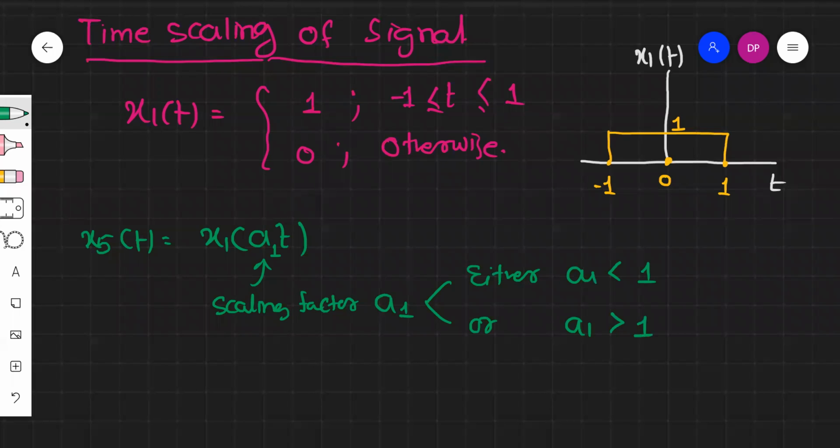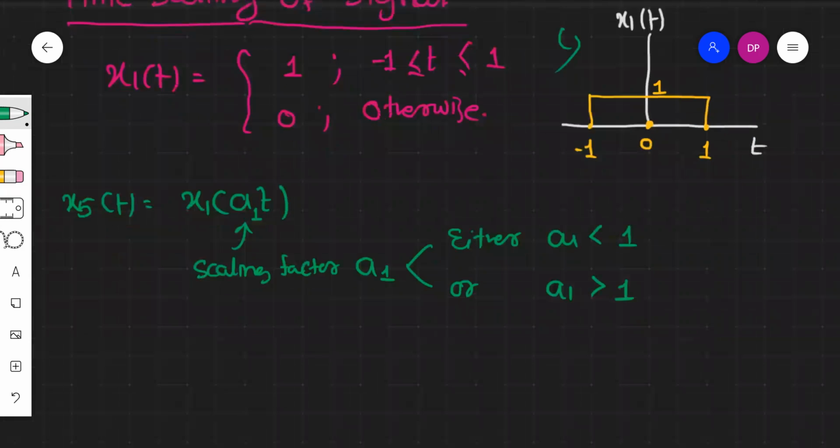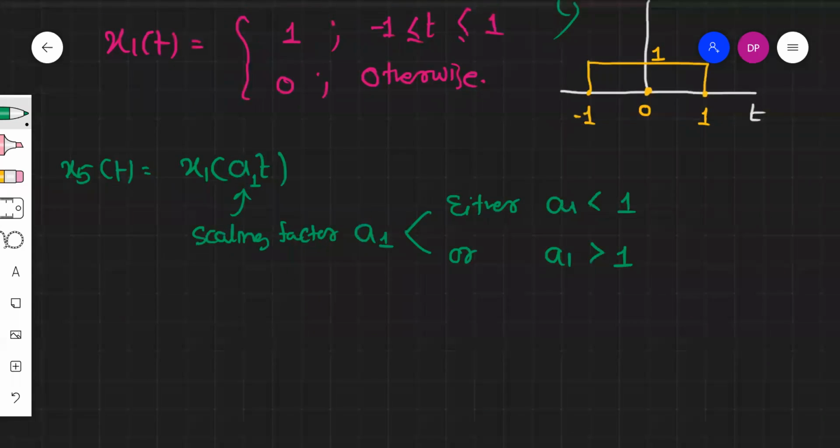If a1 happens to be less than 1, how does the signal represented over here change in time, and if a1 happens to be greater than 1, how does it change in time? We will visualize both and represent both mathematically.